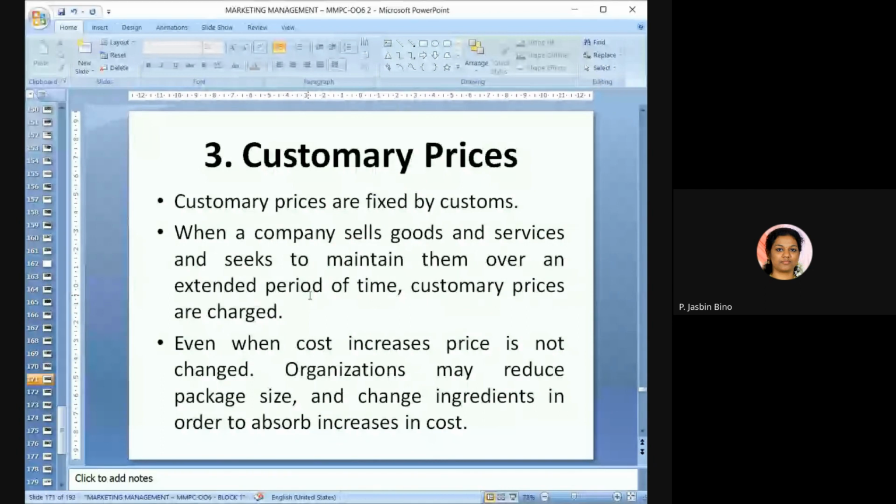When we take a 10 rupee Dairy Milk, 10 or 20 years ago, the size of the product was bigger. This customary pricing is based on customs, they'll not be reducing or increasing the price, the same 10 rupees, but they'll be reducing the package size, or reducing the ingredients present in it. That is what is customary pricing.